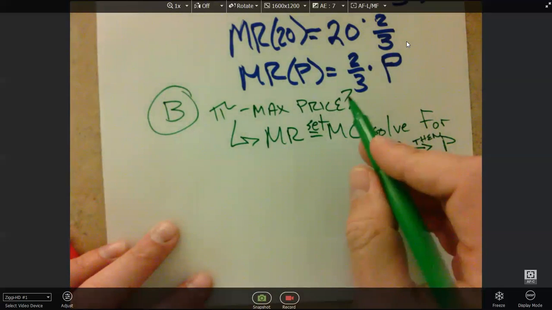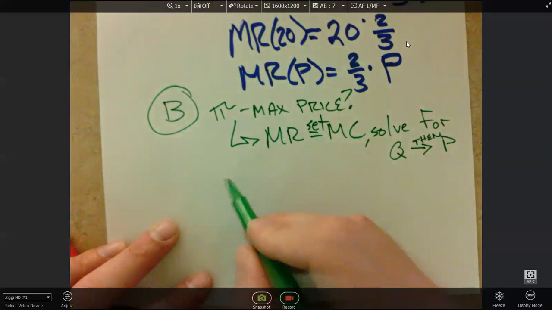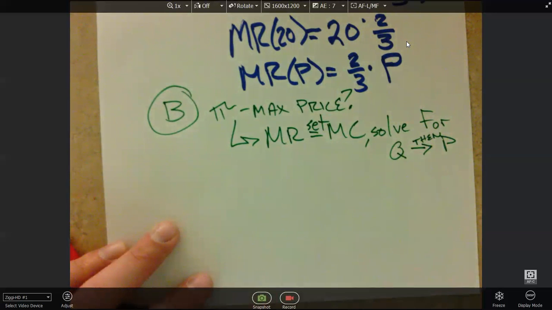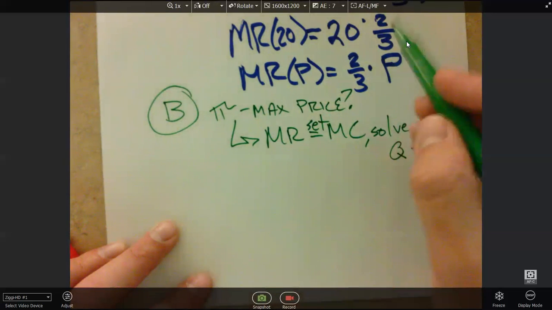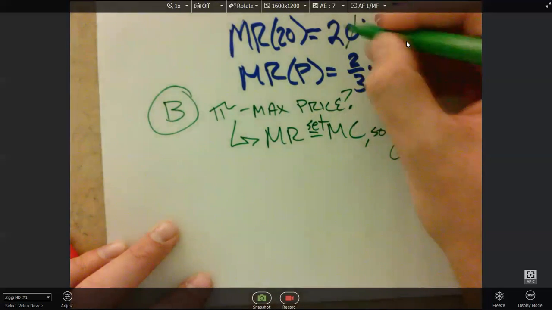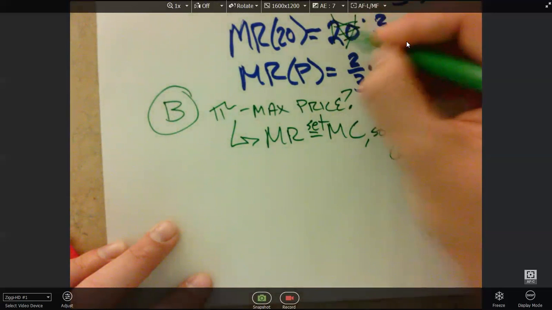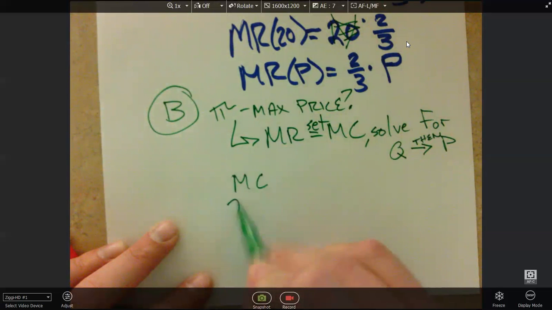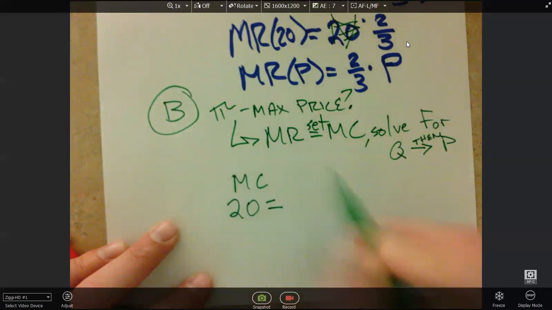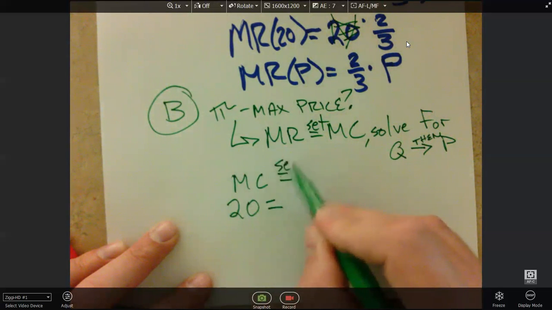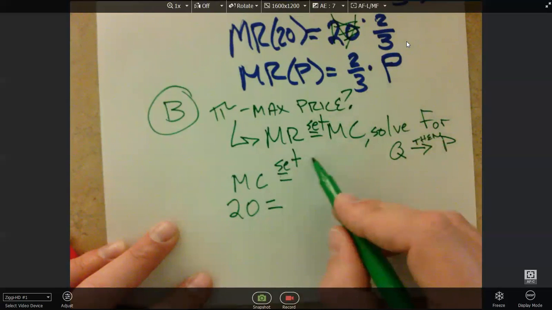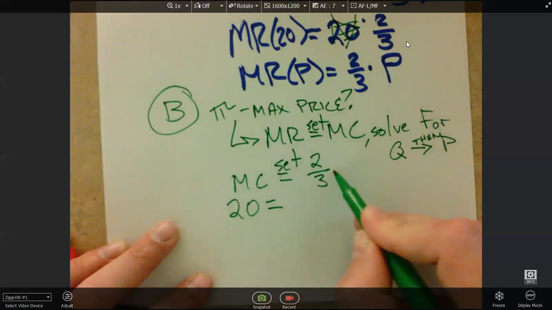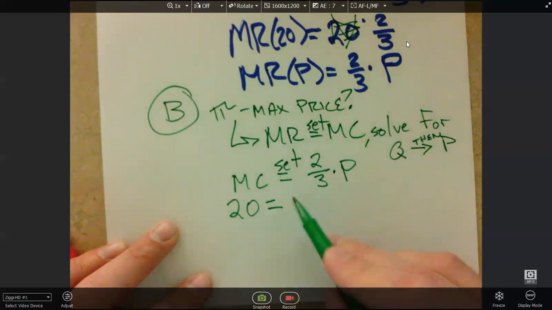So we've got the marginal cost. We're given the marginal cost in terms of it's constant at $20 per unit. Oh, sorry, that was never 20 for the price. All right, so the marginal cost is $20 per unit flat, and we set that equal to the marginal revenue, 2/3 times P. Then we're just going to solve for P, right?